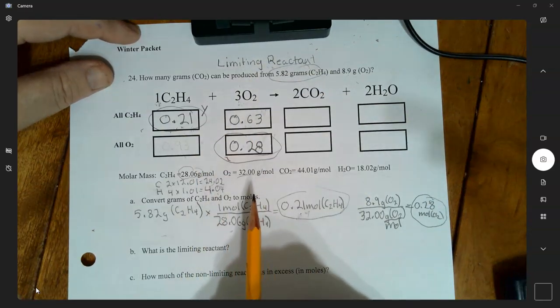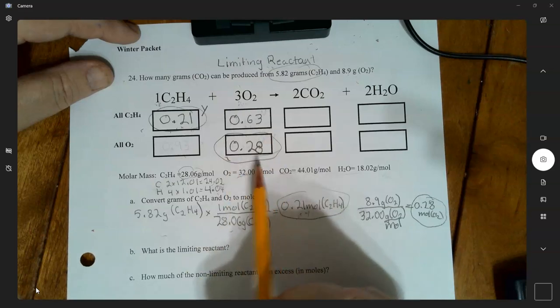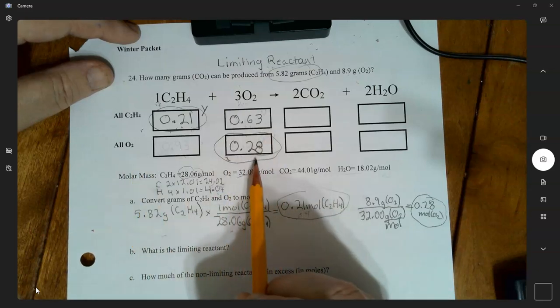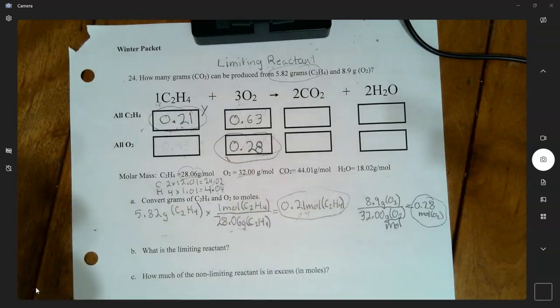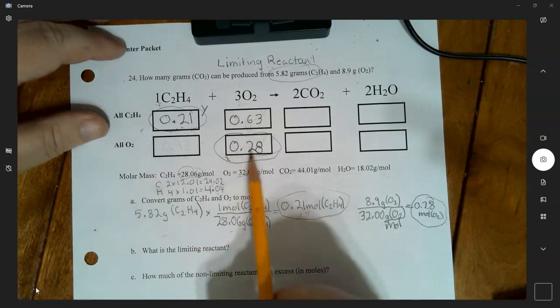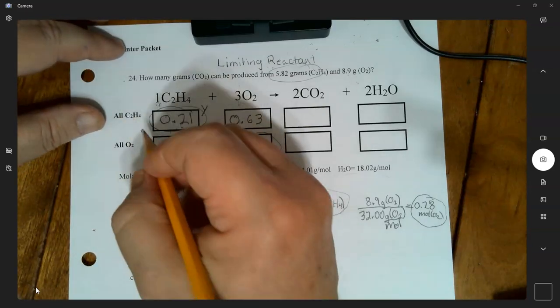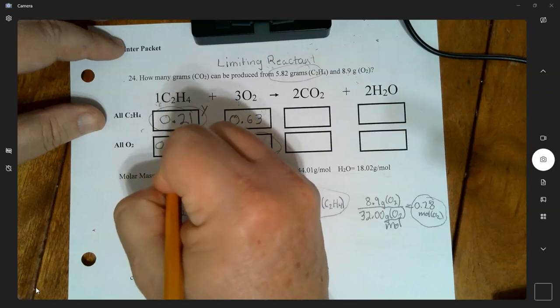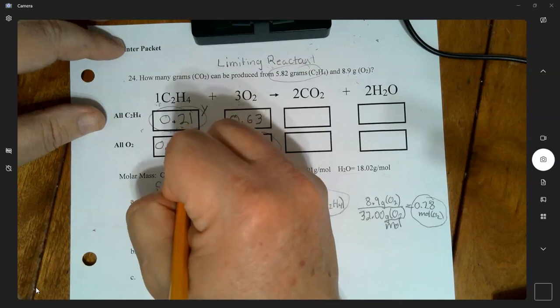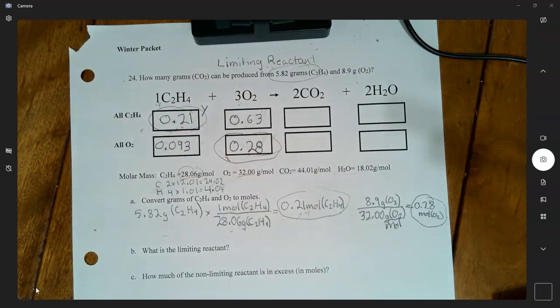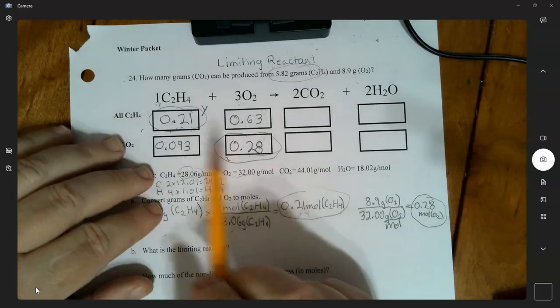Don't worry about it. Now we're going to combust all of the O2, and we have 0.28 moles of O2. So what we're going to do is divide this by 3, and what you'll get is 0.09. I'm going to keep the same number of significant figures, 1 digit past the decimal. So again, what is this saying?